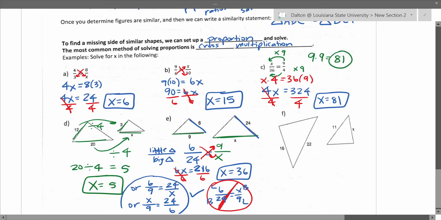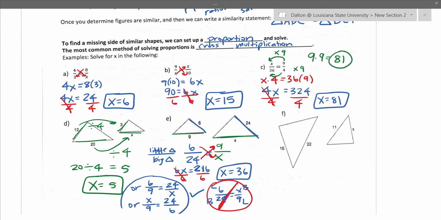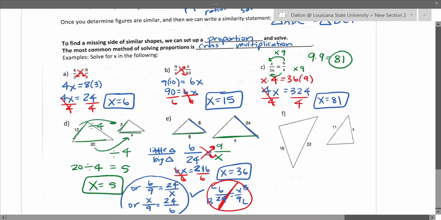The last example, F. This one can be a little bit tricky because the triangles are rotated. So when you set up your proportions, again, just go off of, okay, is this the biggest or the smallest segment in the triangle? Or right now, they kind of look like right triangles. So if I say that they're right triangles, that might help me keep things in order.